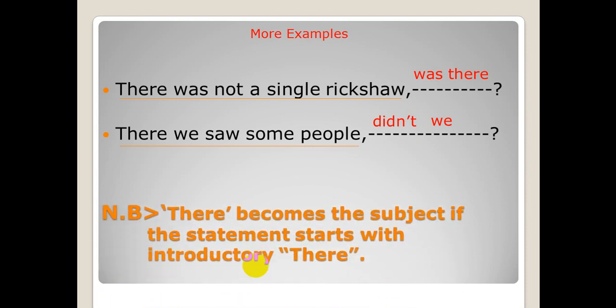Look at the explanation. There becomes the subject if the statement starts with introductory there. So in this case the pronoun of the tag question will be there. So this is all from this slide.